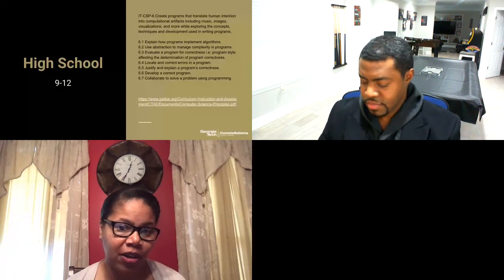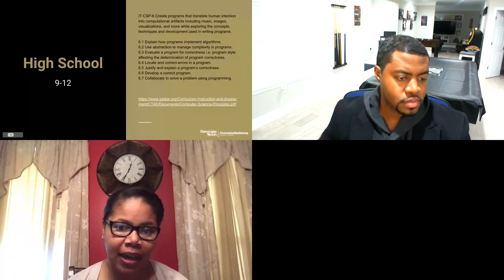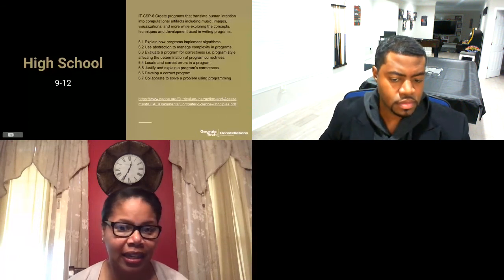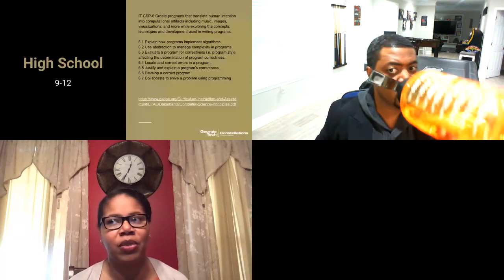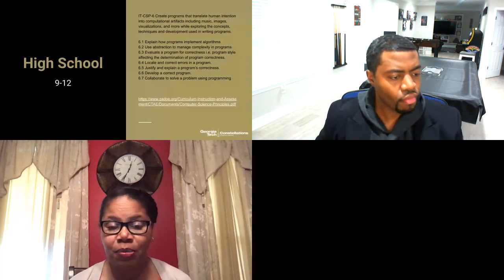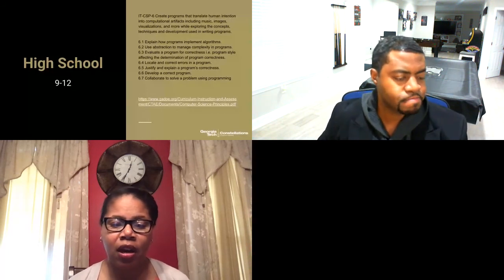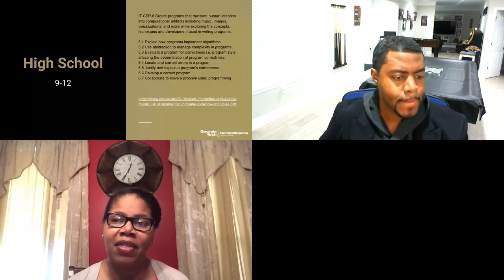The students are going to create programs, and as you skim through it, you'll see they talk about algorithms and complexity. All of those are skills that, if you have built a strong computational thinker with a great foundation, by now we're expecting them to know which skill they're using and what they're trying to do. And again, even that varies.